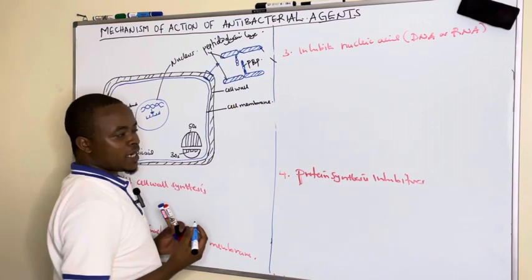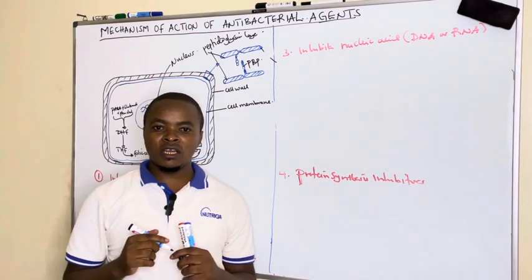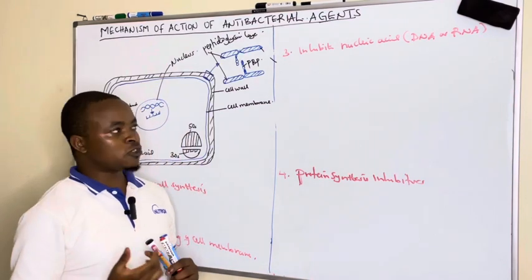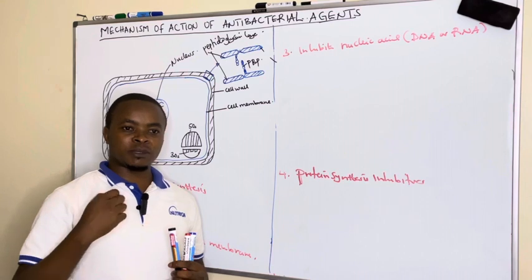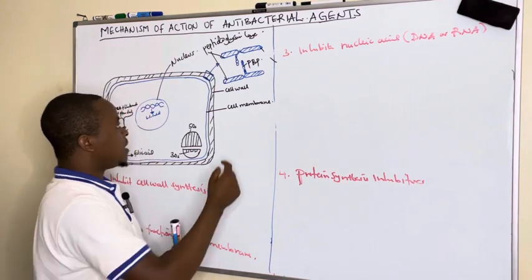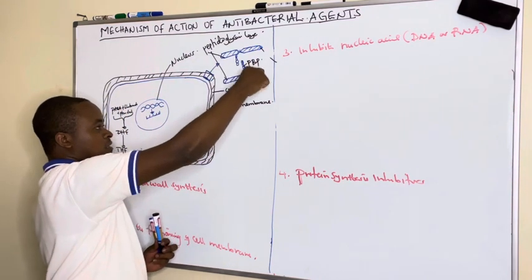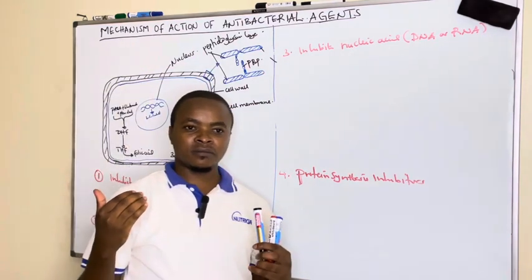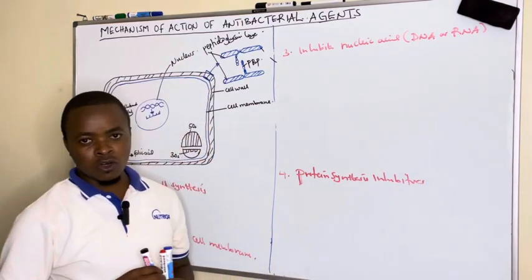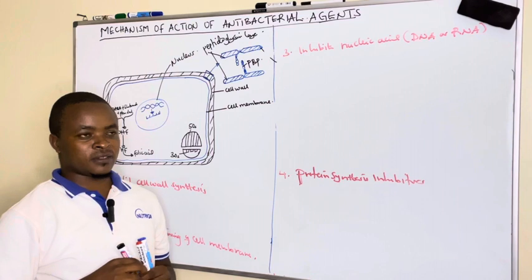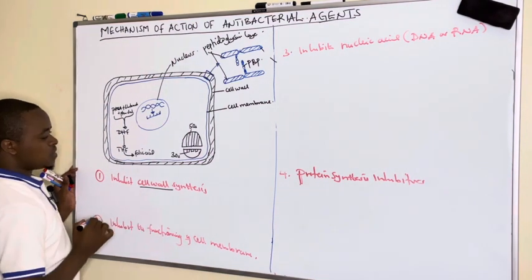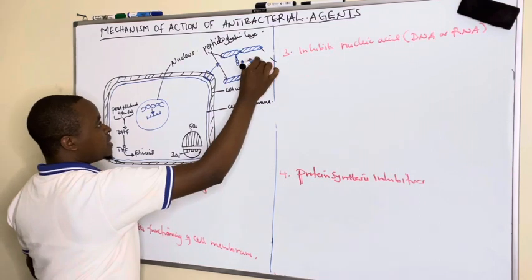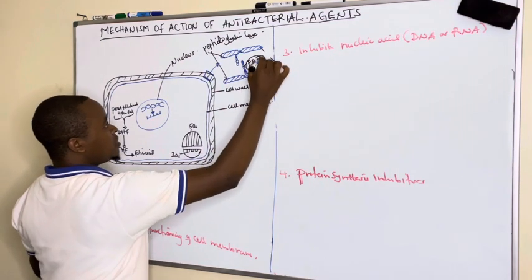This process is known as transpeptidation, whereby transpeptidase is the enzyme that catalyzes the cross-linking of different peptidoglycan layers.